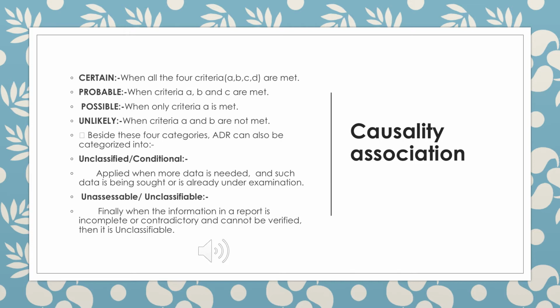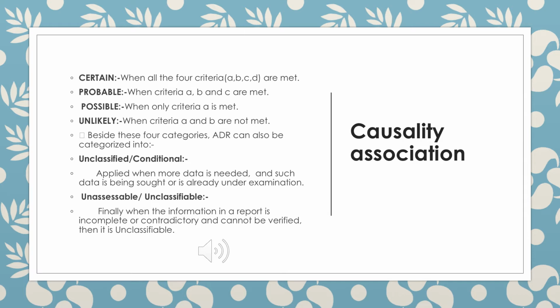Apart from this, the other categories of ADR according to the WHO are unclassified and unassessable. Unclassified or conditional is the adverse event which requires more data, whereas unassessable or unclassifiable is where the information is not up to the mark or contradictory.